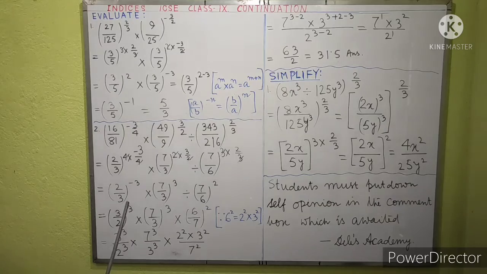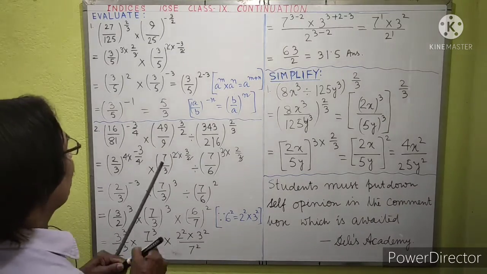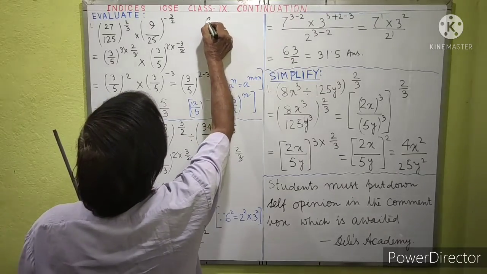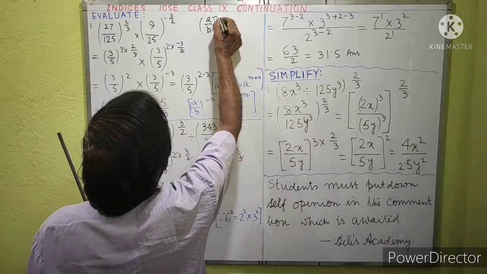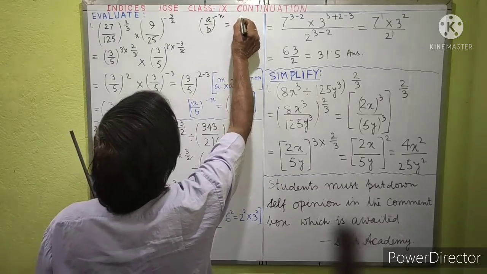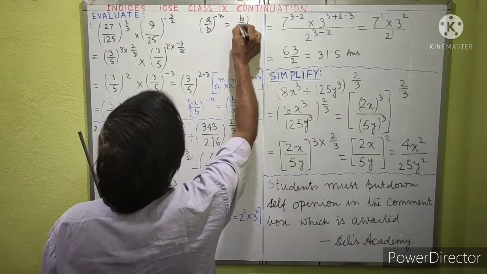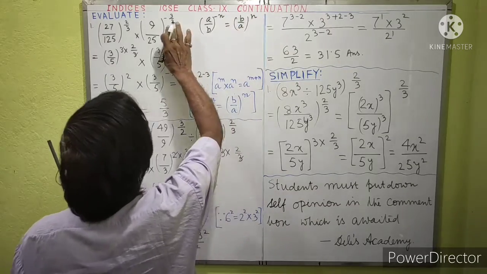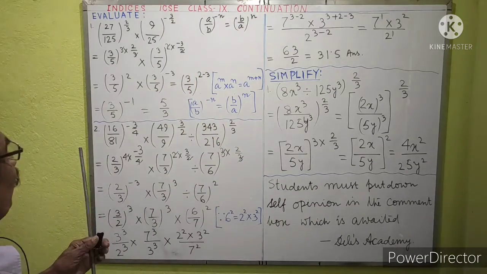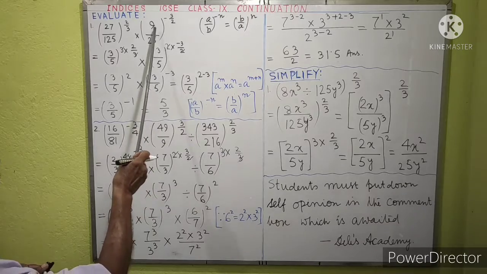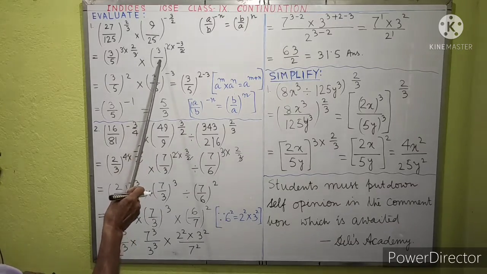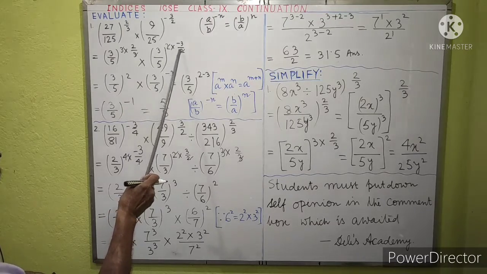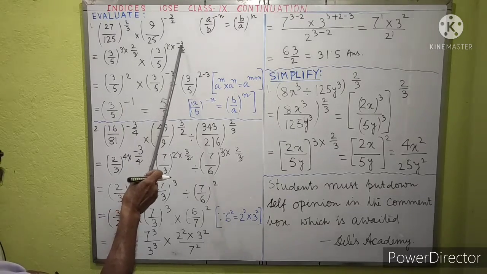So you have to follow the law (a/b)^(-n) = (b/a)^n. Here 9/25 is 3 square by 5 square, so it is to the power minus 3.